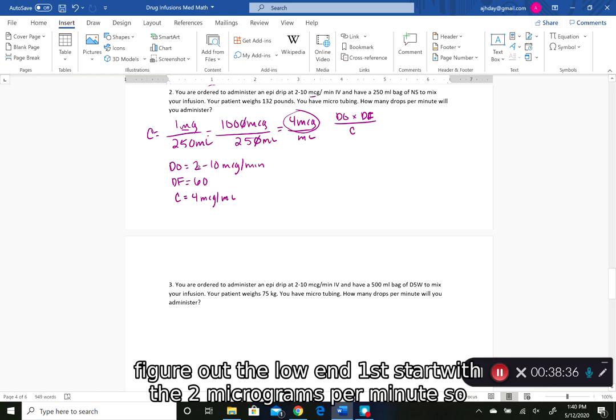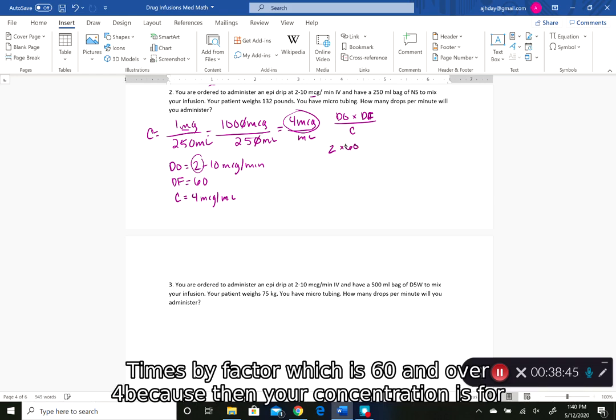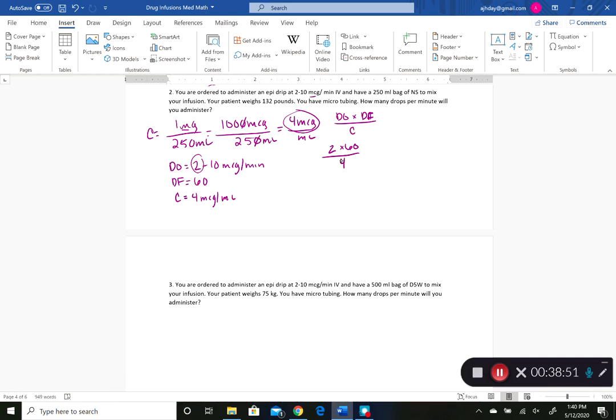So let's go ahead and figure out the low end first. So we're going to start with the 2 micrograms per minute. So my dose ordered is just 2 micrograms per minute. It's not weight-based. Times my drip factor, which is 60, and over 4 because my new concentration is 4. 2 times 60 is 120 divided by 4. And 120 divided by 4 is 30. 30 drops per minute.